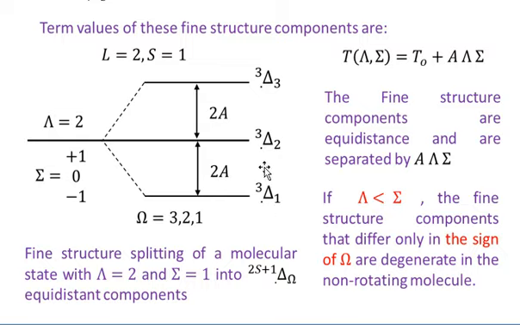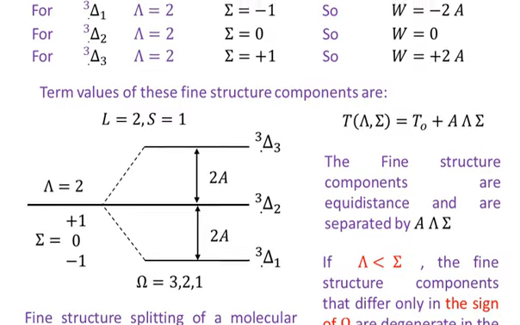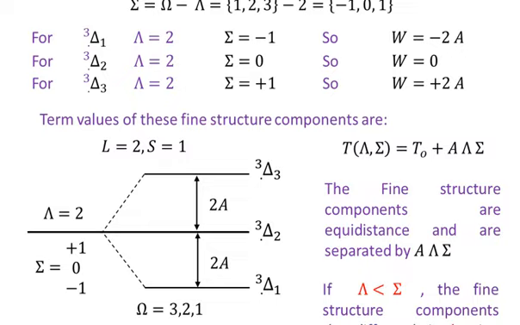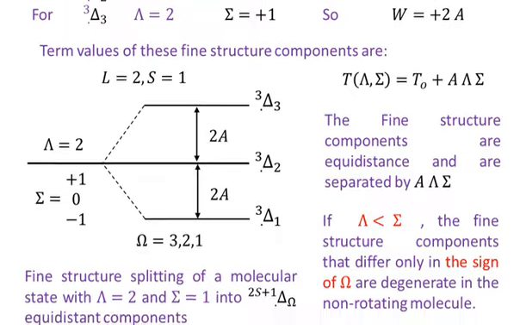The lowest in energy is 3 delta 1, the middle in energy is 3 delta 2, and the top one in energy is 3 delta 3. The separation between each of these is 2A, which you can see from here. From the center one, the lower one is at 2A, and from the top one, the center one is at 2A. So the separation magnitude of each fine structure splitting is 2A.